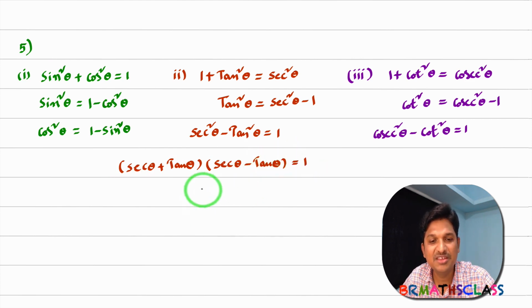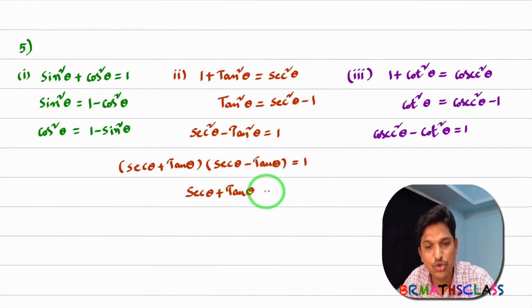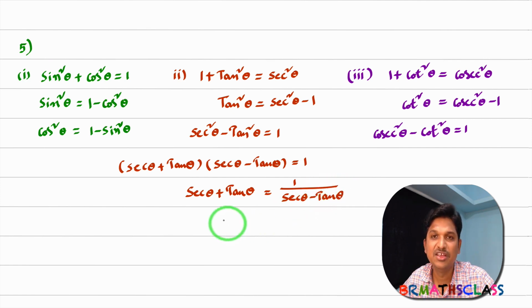From this, we can easily write what is secant theta plus tan theta. You take the secant theta minus tan theta to the right hand side, then it goes to the denominator. You will get 1 divided by secant theta minus tan theta. Not only this, you can write secant theta minus tan theta as 1 divided by secant theta plus tan theta.